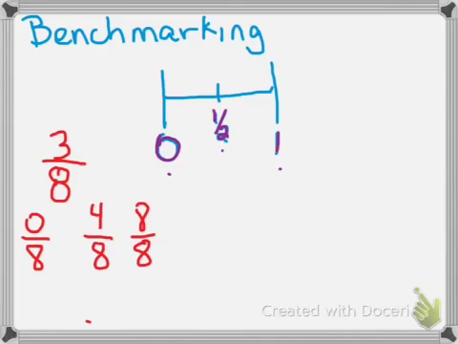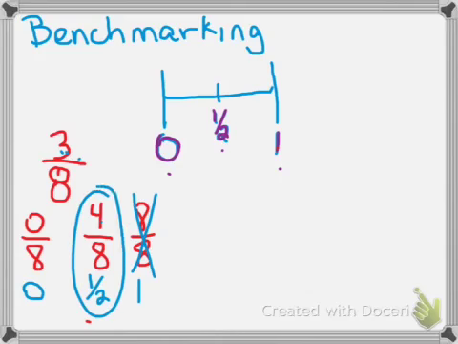Then what I do is I figure out which fraction, my 0, my half, or my whole, 3/8 is closest to. Well, I know it's not close to 8/8 because there's 2 other numbers it could be closer to. So, is 3 closer to 0 or 3 closer to 4? 3 is closer to 4. So it's close to my 1/2.